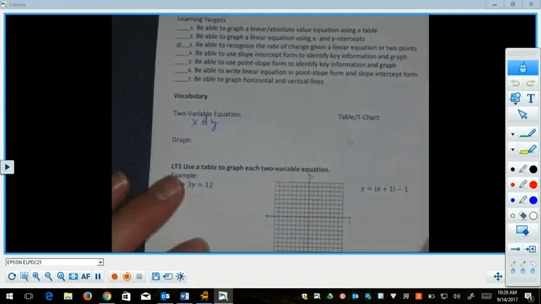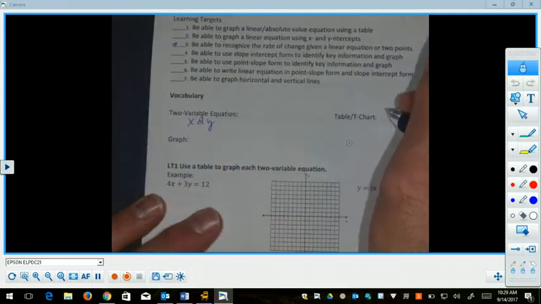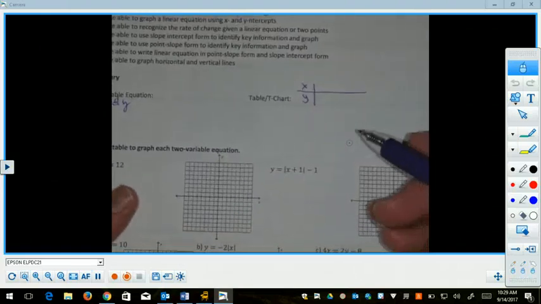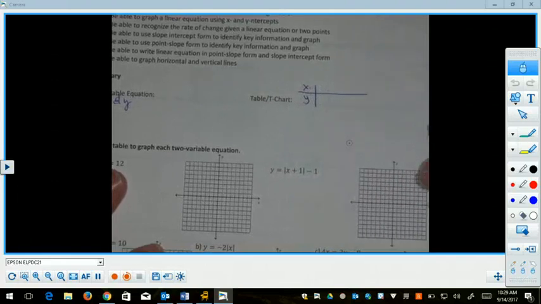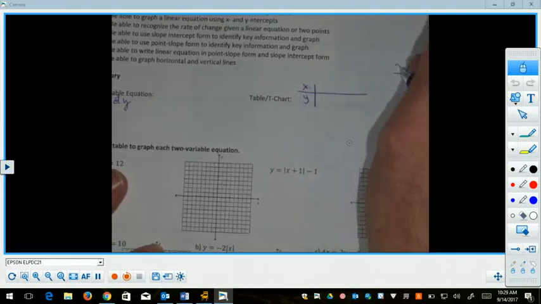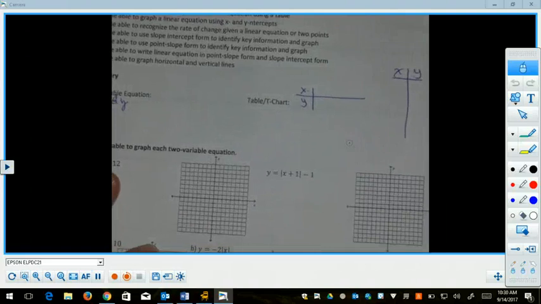Most of you are familiar with tables and t-charts. We can make a table with x and y values. If we have an equation, we plug in a number for x and get our answer for y. We can also make a table vertically, or a t-chart.